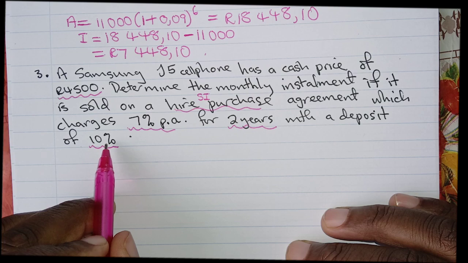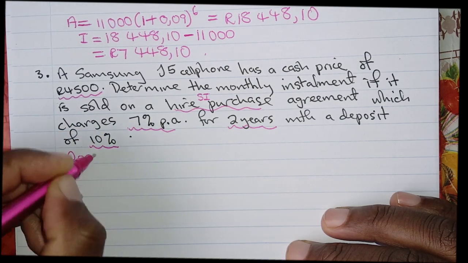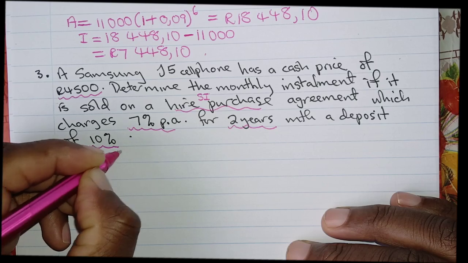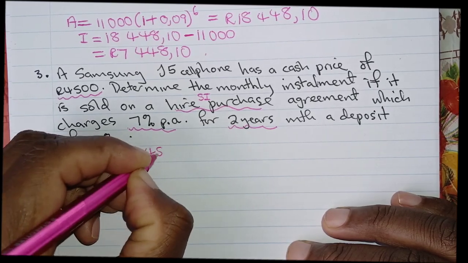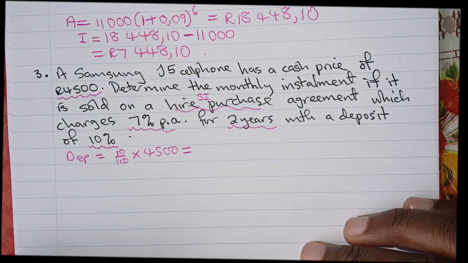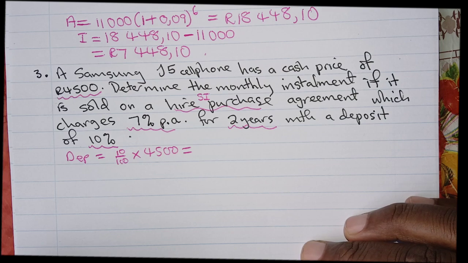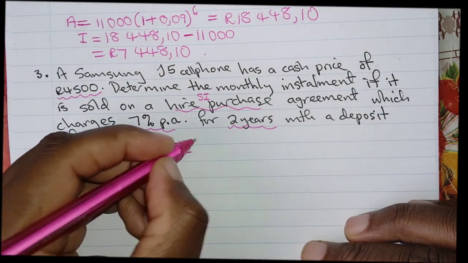Determine the deposit. So we are saying your deposit is 10% of 4,500. What do we get there? It's 450 rand.